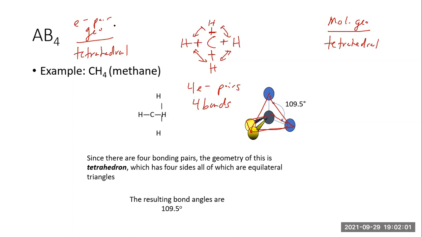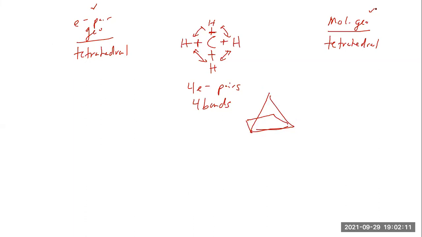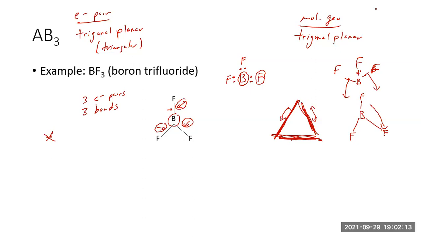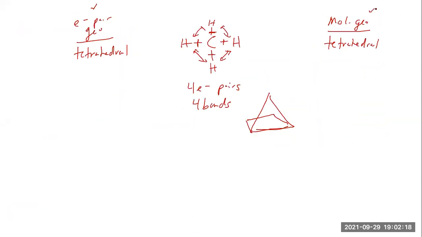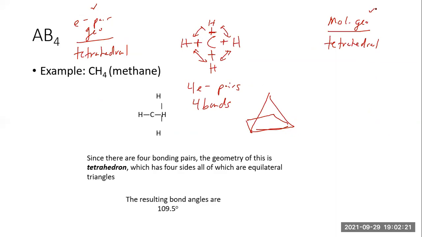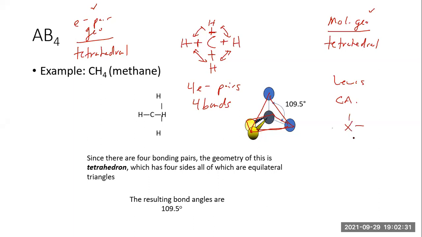Up to this point, when we look at the names of the electron pair geometry and the molecular geometry, both names are the same. They're the same there, they're the same there, and they're the same there. What all three of these share in common is that when you draw the Lewis structure and look at the central atom, there are no non-bonding electrons, the dots basically.